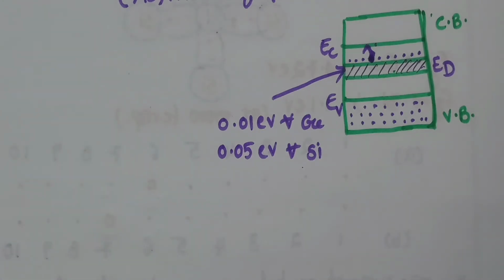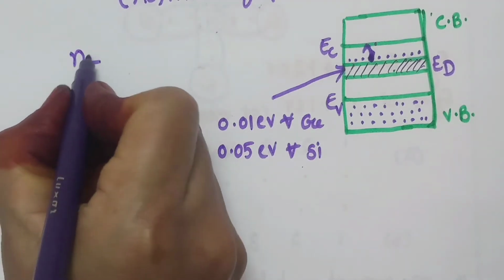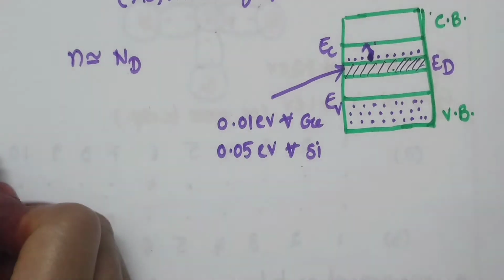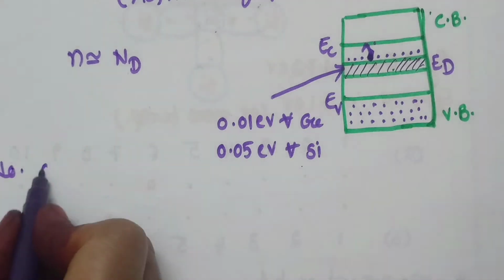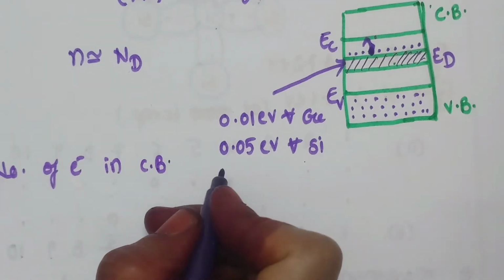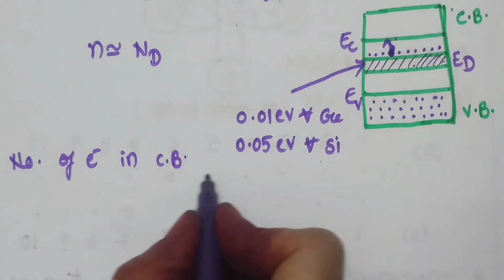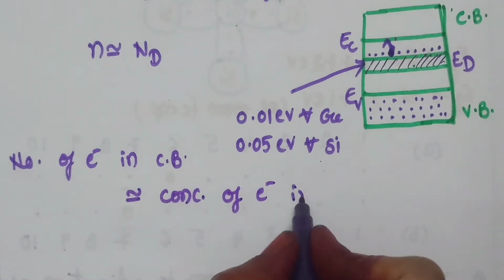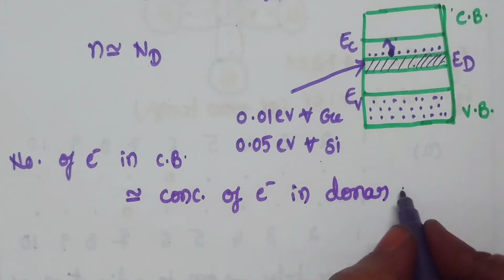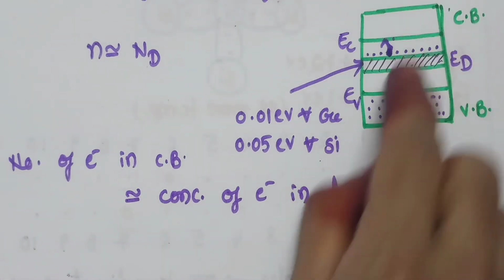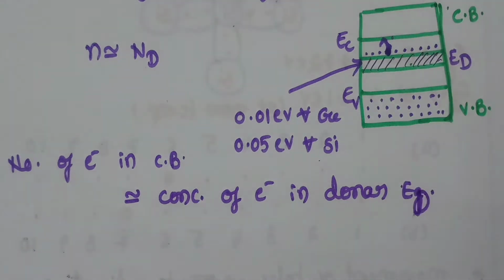That means n is approximately equal to N_D: the number of electrons in the conduction band is approximately equal to the concentration of electrons in the donor energy level, that is ED.